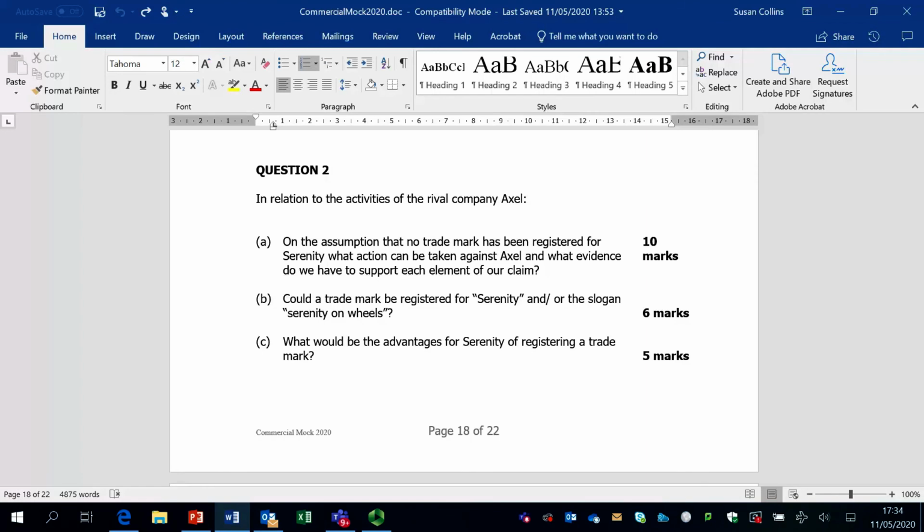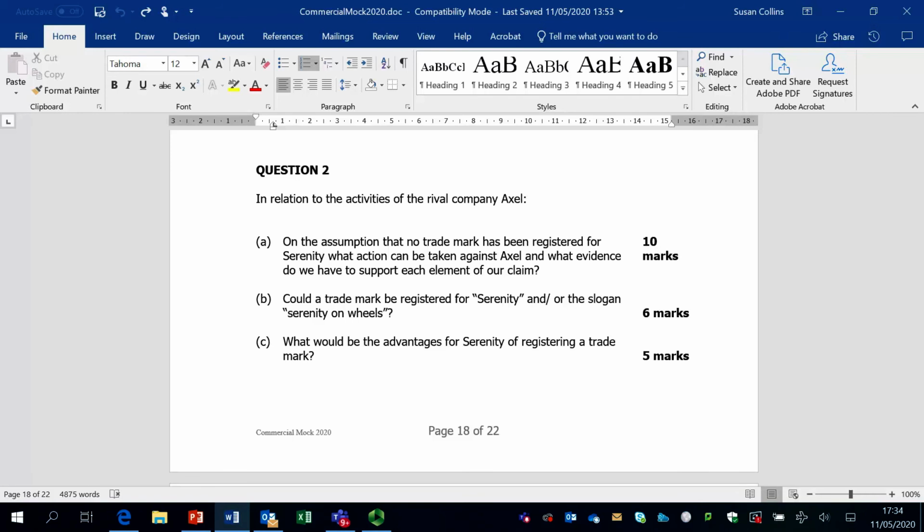All the detail about the cases is in the textbook, which has a short section on passing off, but it is very good. So in terms of passing off, you need the 3 elements, of course, the first of which is goodwill. You've got to show goodwill or reputation attaching to the mark, including the slogan here.